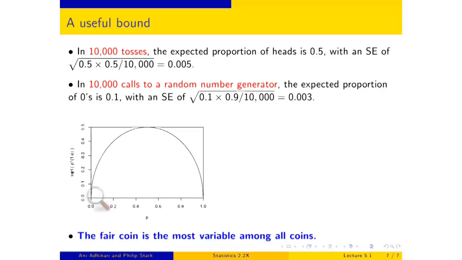Oh, by the way, this is of course done using a computer to graph a function. The fact that this function square root p times 1 minus p has its maximum at p equals a half really is possible to see just in words. P times 1 minus p is p minus p squared, and that as a function of p is a parabola.